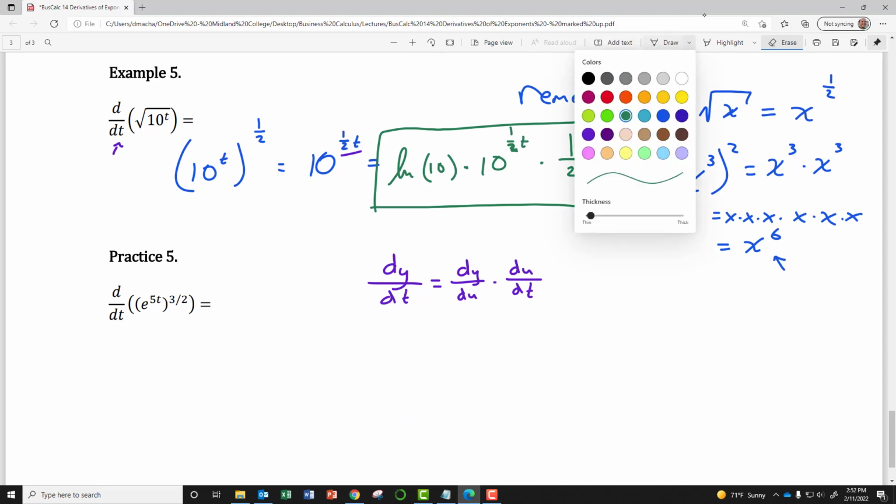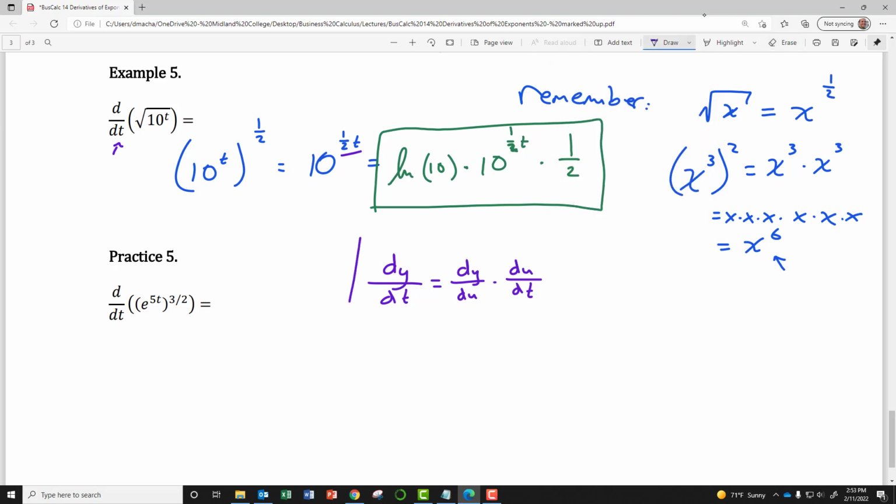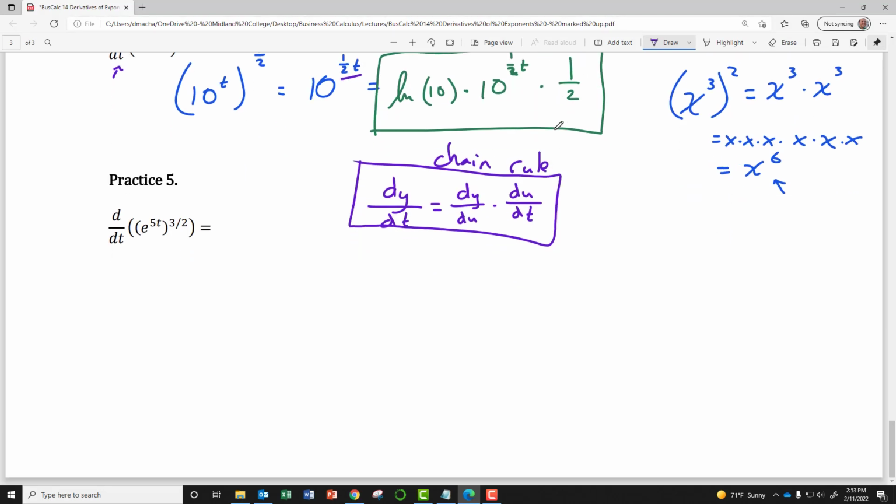Okay, now let's try practice 5, which is an application of the derivative chain rule. And in practice 5, we have the derivative with respect to t of e to the power 5t all to the power 3/2.